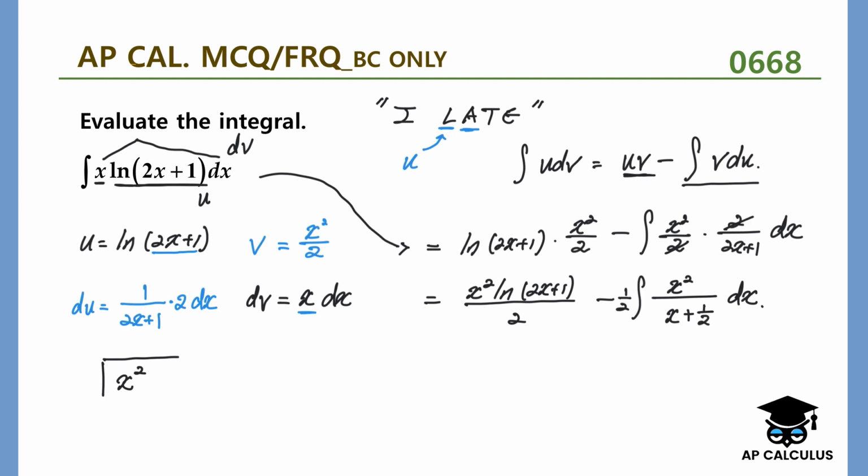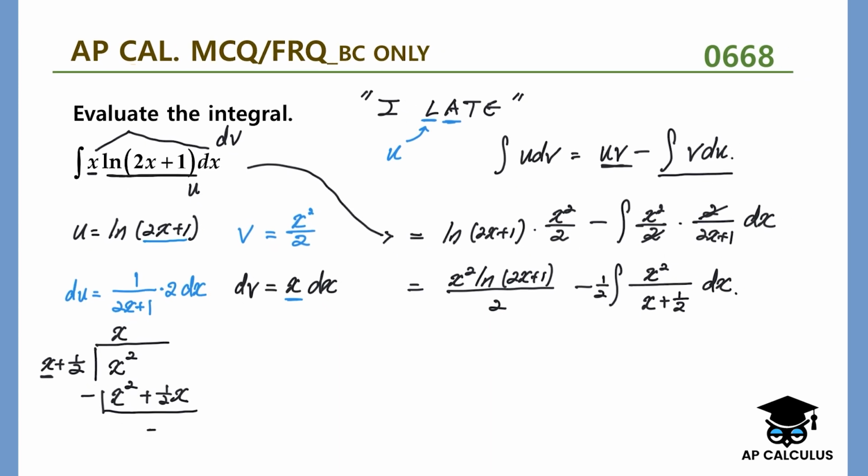Then let's erase this. This is going to be equal to x plus 1 over 2, right? So 2 times x gives us 2x. 2 times 1 over 2 gives us 1, right? So that's x squared divided by x plus 1/2. X plus 1/2. So x times what gives us x squared? That's x, right? So x squared, 1/2 times x, that's plus 1/2 x. Subtract it. So x squared minus x squared, that cancels out.